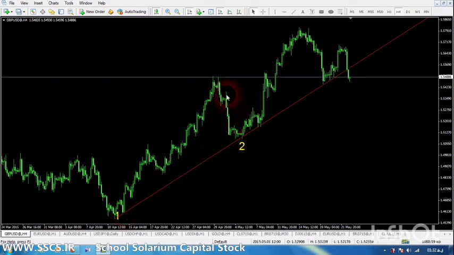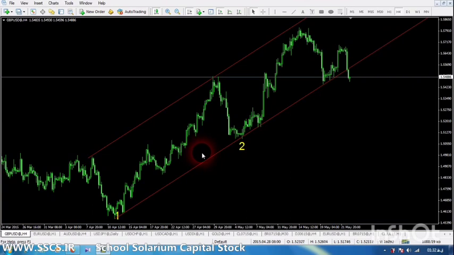So when you have these two swing highs on the bottom, you necessarily have a swing high at the top. So let me click on the line so it's activated, and if I click on it twice, it is going to be activated, and I can long press the control button on my keyboard and drag it up, so now I have a parallel trend line here.